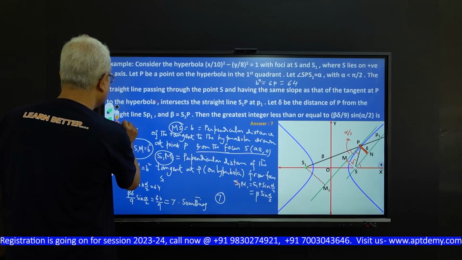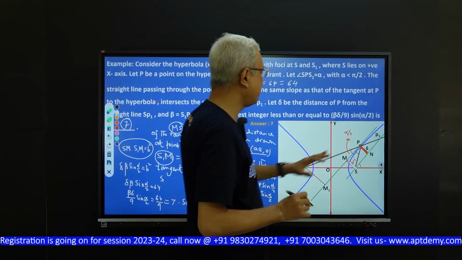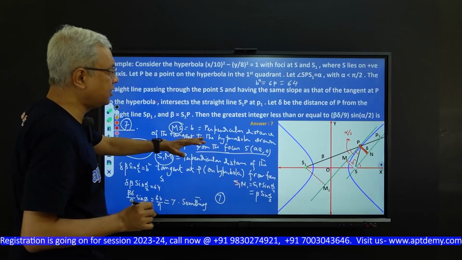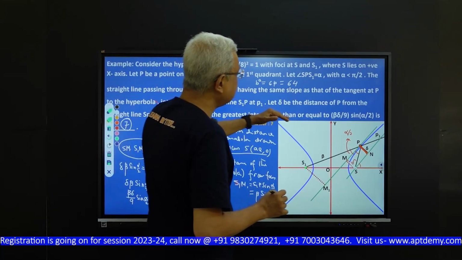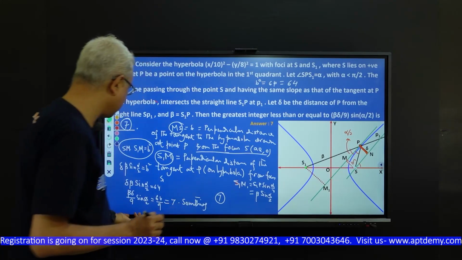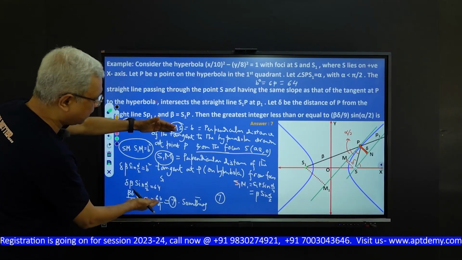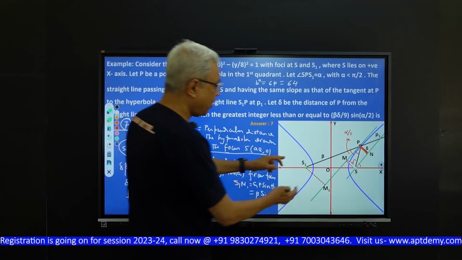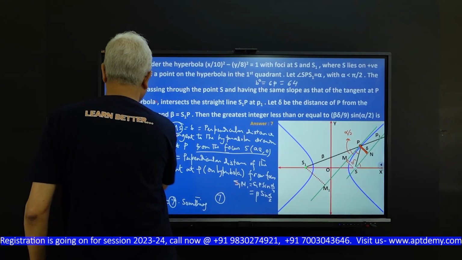So this is 7. So the greatest integer less than or equal to beta delta by 9 sin alpha by 2 is obviously 7. So the actual problem takes this much time, very simple.